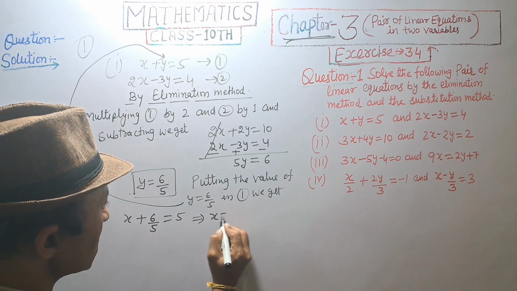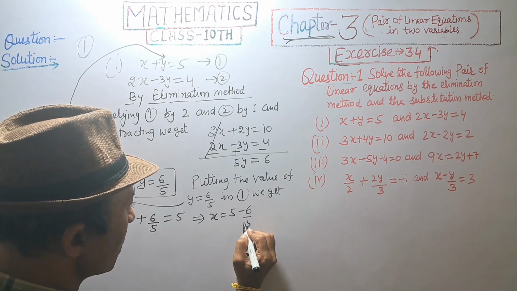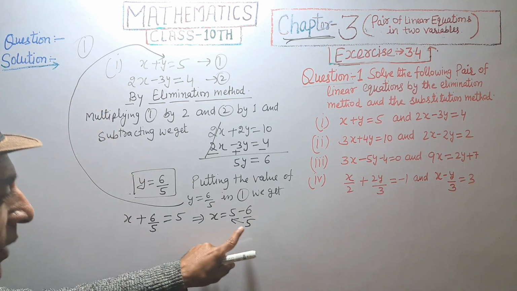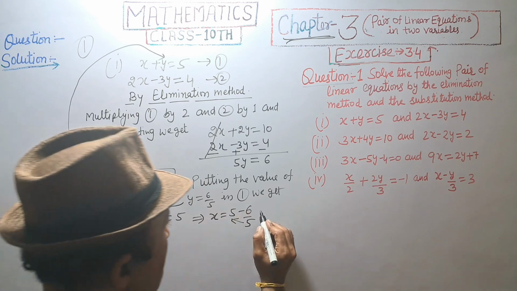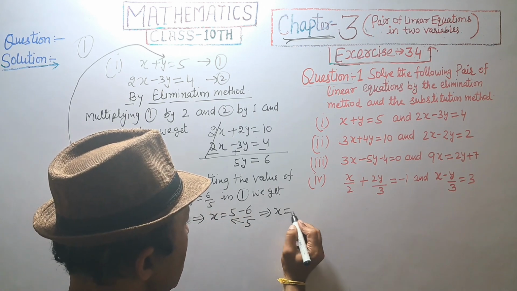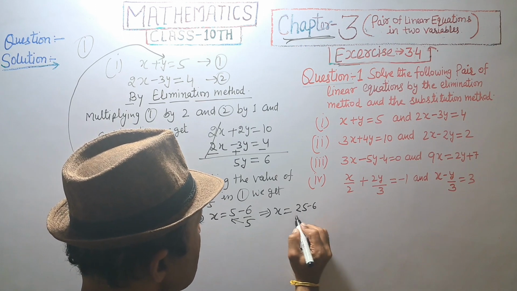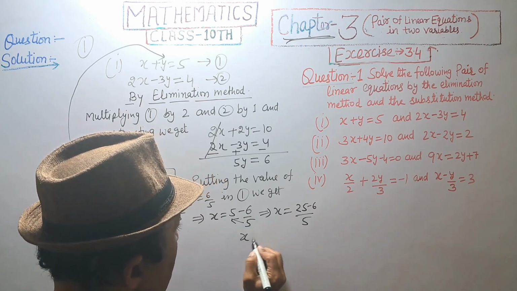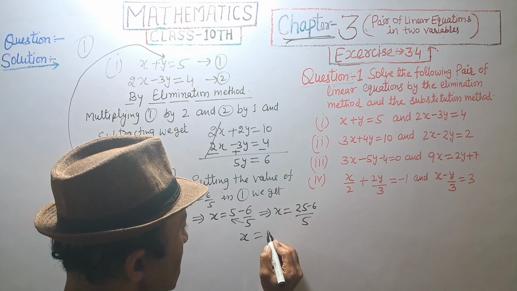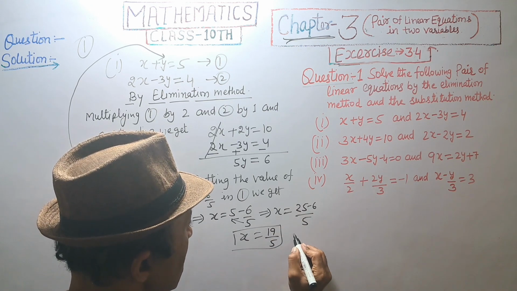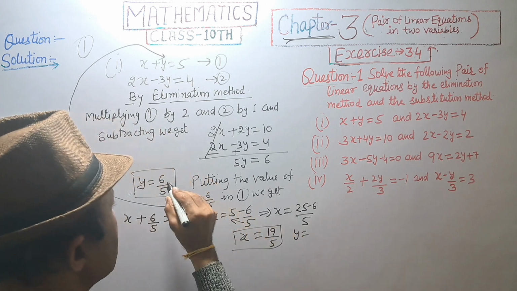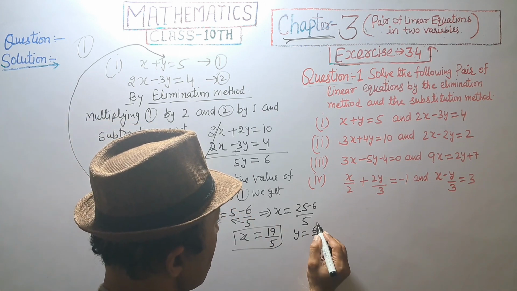This implies x is equal to 5 minus 6 upon 5. 5 multiplied by 5, that is 5 5s are 25, minus 6. x is equal to 25 minus 6, that is 19 upon 5. x equal to 19 upon 5 and y is equal to 6 upon 5.